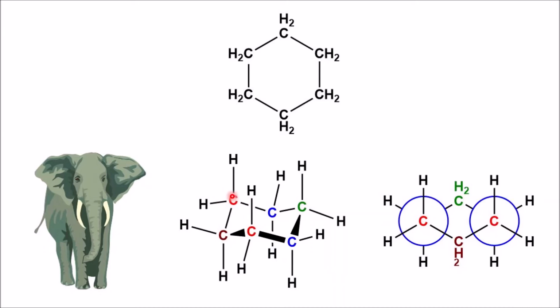These two carbons are attached to two hydrogens each, which I have shown here. And then these two red carbons are attached to the blue carbon, which you can see here, and they are also attached to hydrogens. And then finally, there is this last green carbon, which will be seen. So this is how we write down the Newman projection formula for cyclohexane.